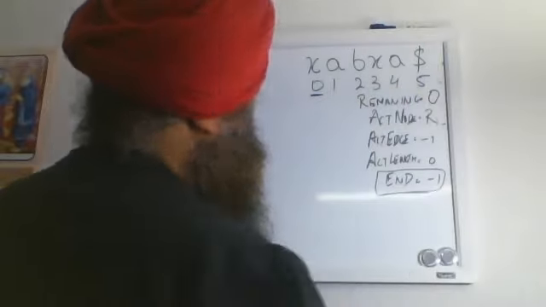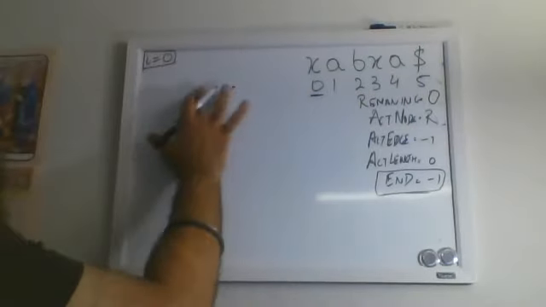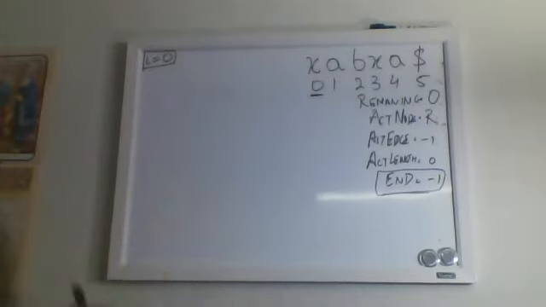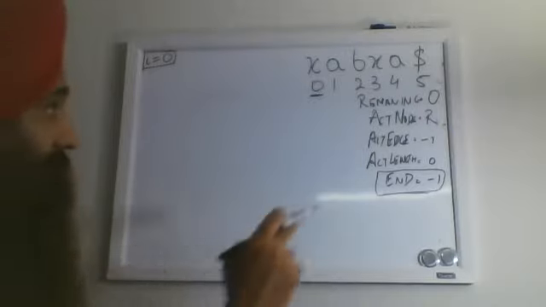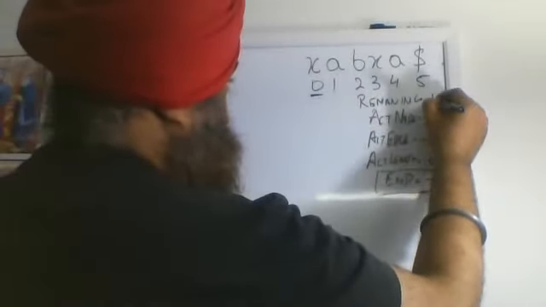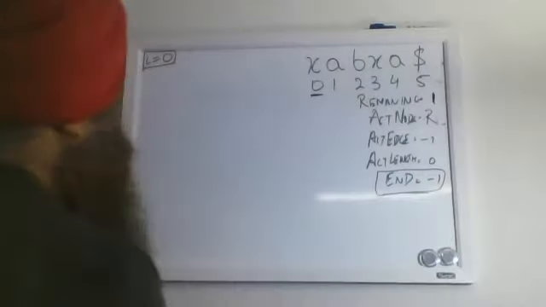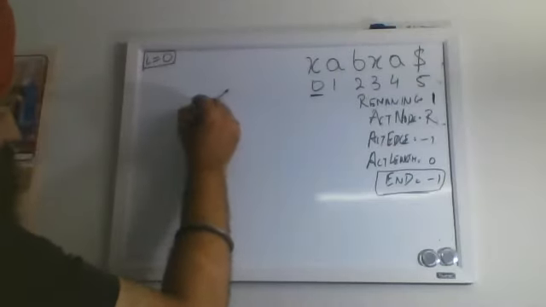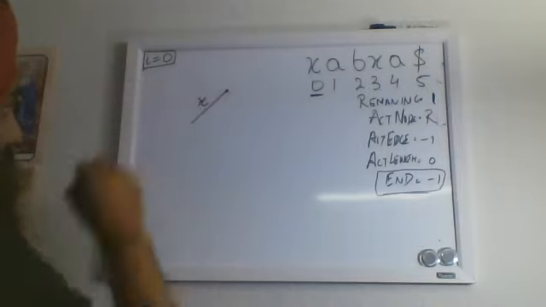Remaining is initially set to 0, and at the start of every phase we will increment it by 1. So initially we begin phase 1, we change remaining to 1. We are at the root node, we create the edge labeled x.